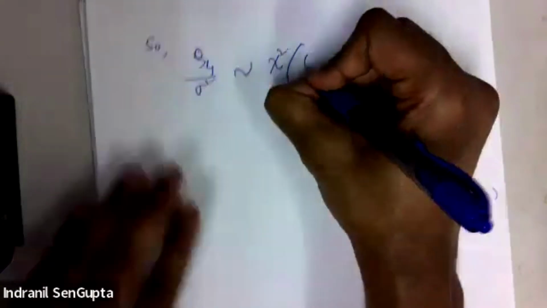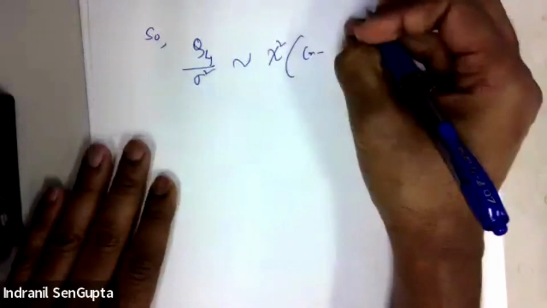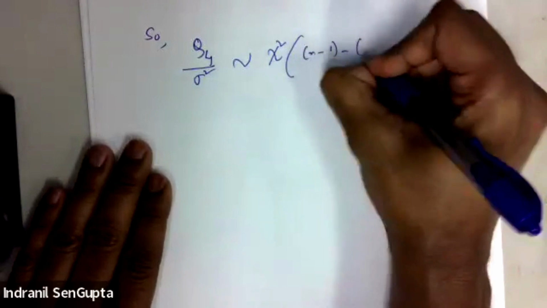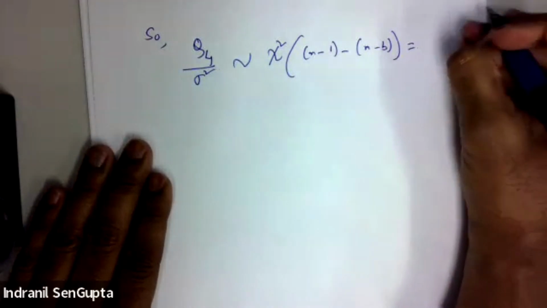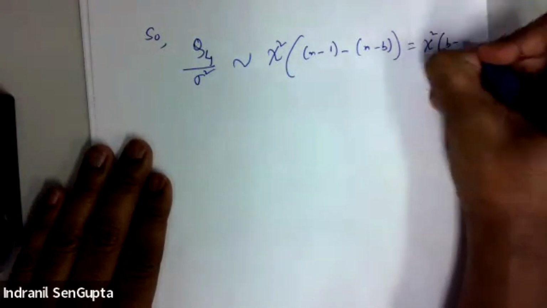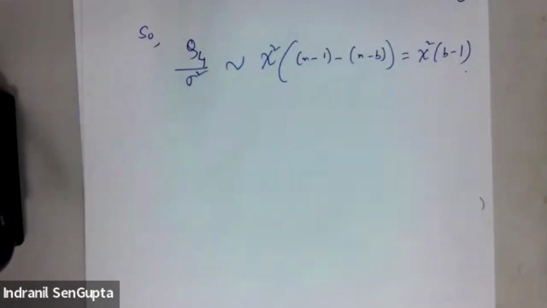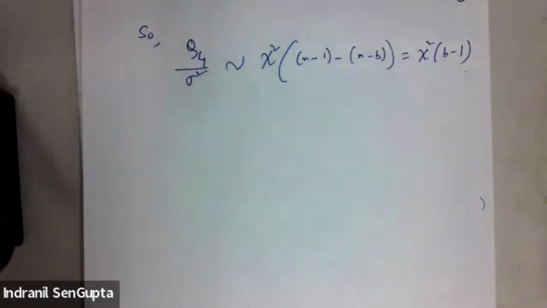So it's the difference between n minus 1 and n minus b, which is b minus 1. So it's chi-squared b minus 1. So that is the distribution for Q4.